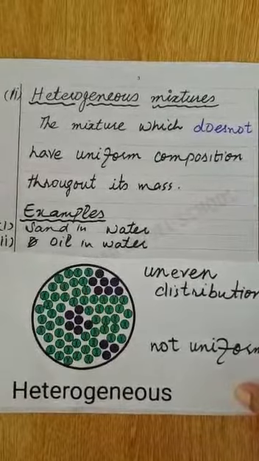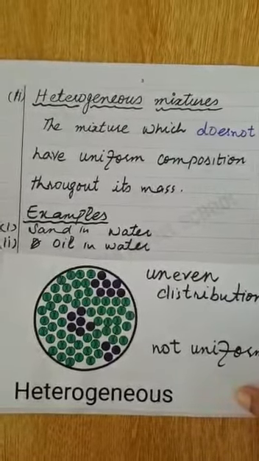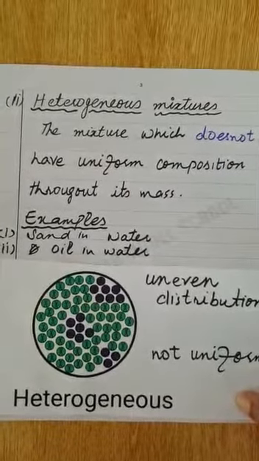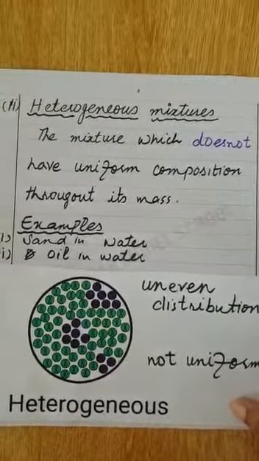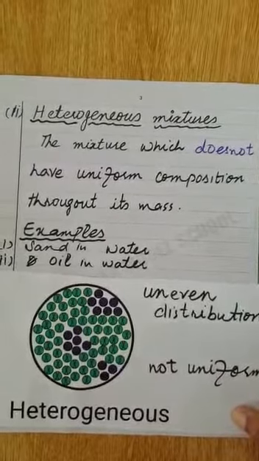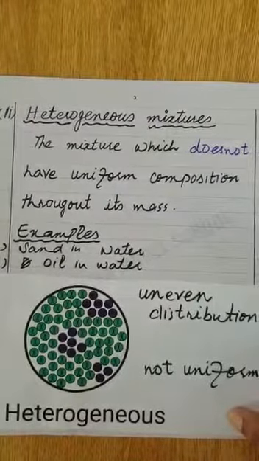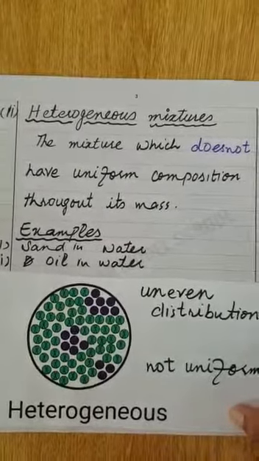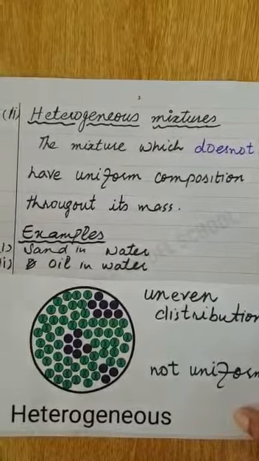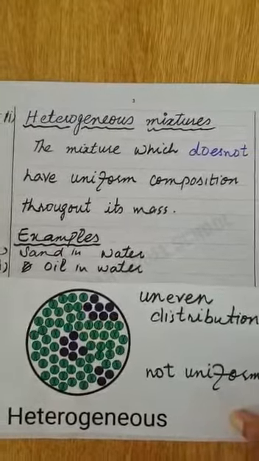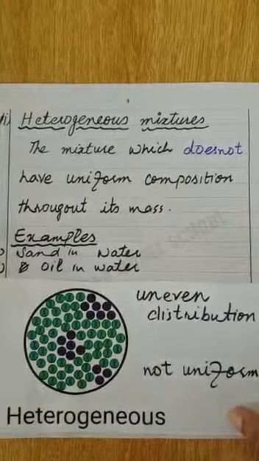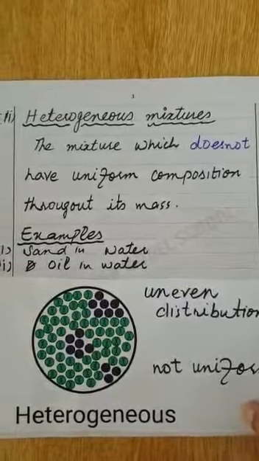Examples of heterogeneous mixtures are sand in water and oil in water. In the case of a heterogeneous mixture, you can distinguish the different components which are present in the mixture. Sand particles will be visible to you, and they are totally different from the water. So you can see the visible boundaries of the sand within the water.